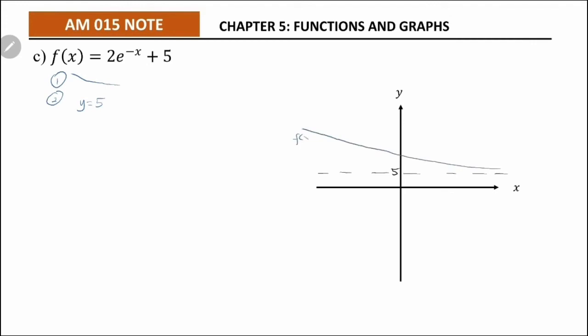So this is f(x). f(x) crosses the y-axis at x = 0, y = 2e^0 + 5. e^0 is 1, 1 times 2 plus 5 is 7. So the y-intercept is at y = 7. This is the graph for f(x). The domain for f is from negative infinity to infinity, and the range of f(x) cannot cross the asymptote, so the lowest point will be 5, not included, up to infinity.